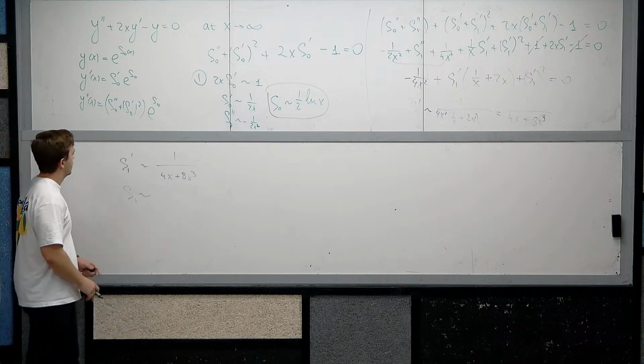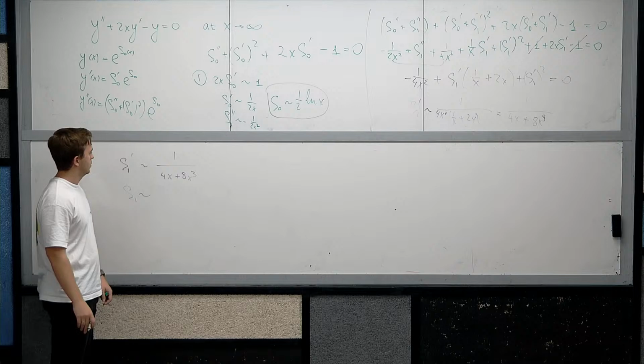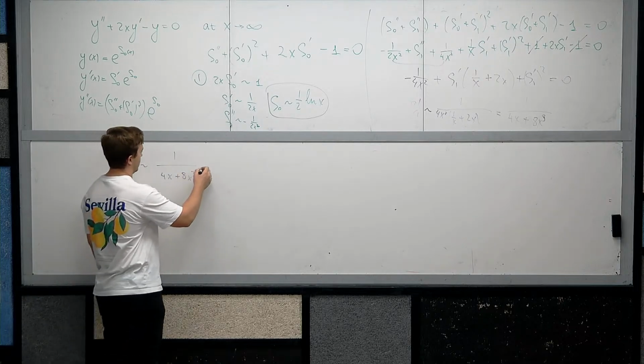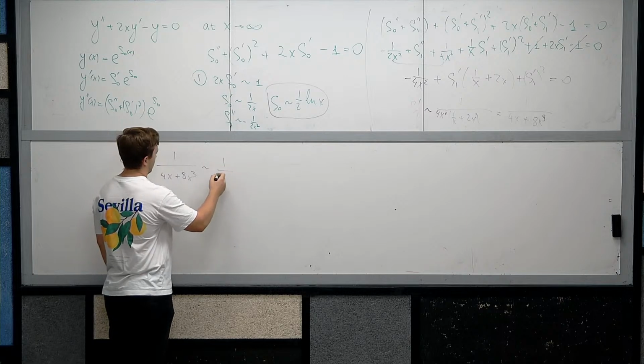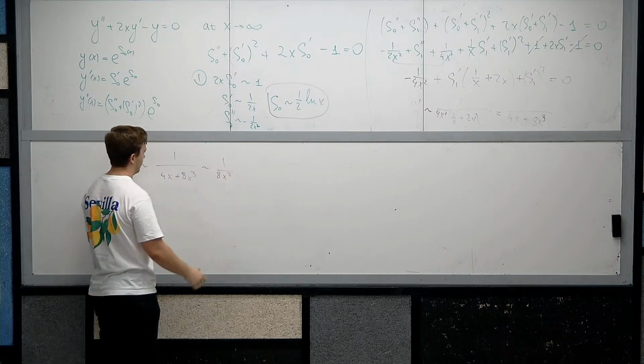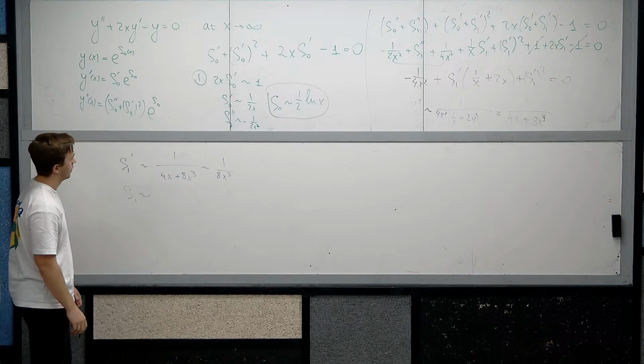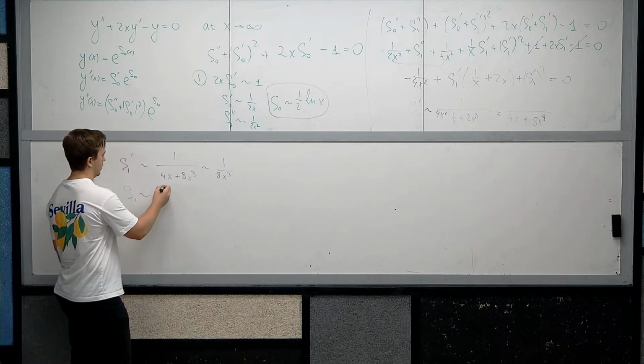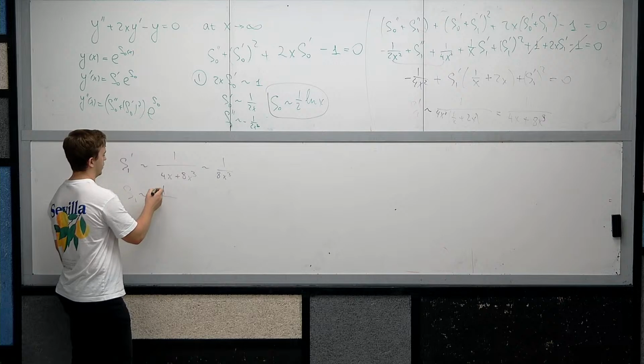When x goes to infinity, we can neglect it. You can write it like that, and that goes to 0, right? Like the integral. That will be like 1 over minus.